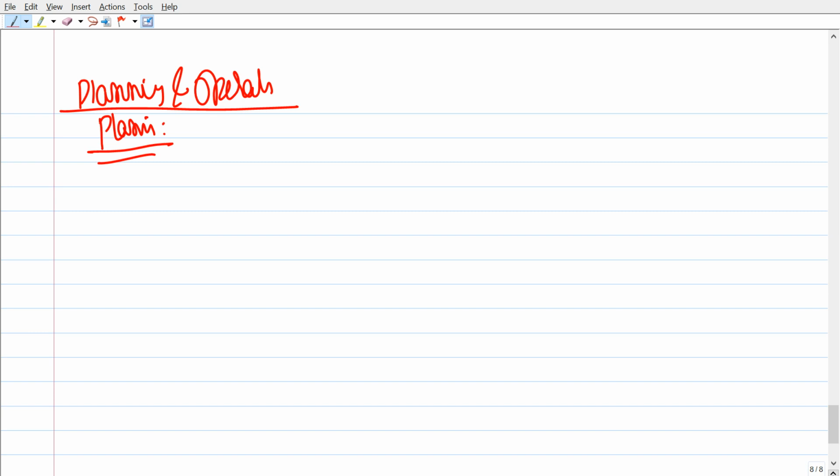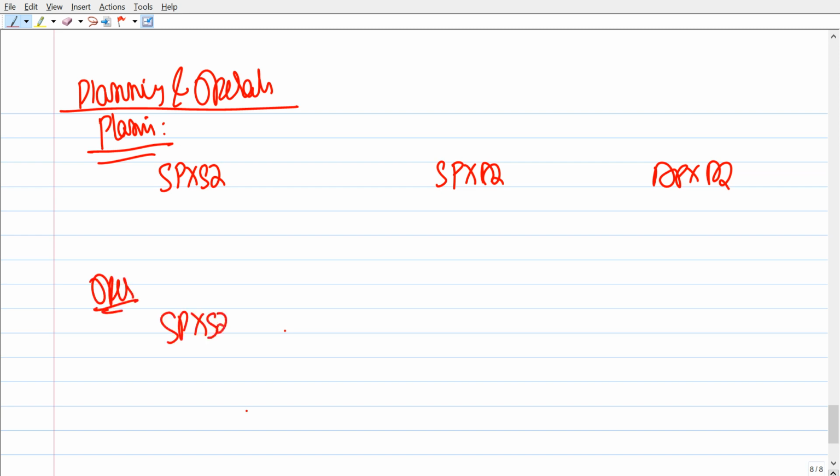In planning variance, the headers will be SP into SQ, SP into AQ, AP into AQ. Operating also will be SP into SQ, SP into AQ, AP into AQ, assuming it's a single material scenario. The headers don't change. Now, I'll give an example.